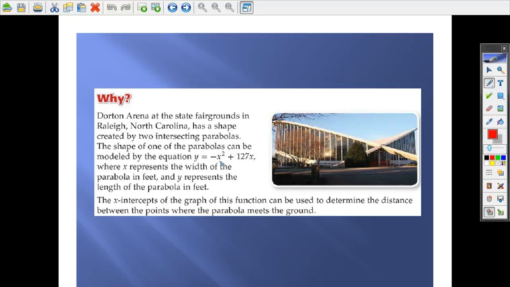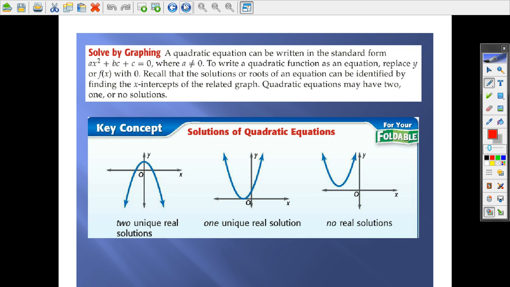The x-intercepts of the graph of this function can be used to determine the distance between points where the parabola meets the ground. So when you have these parabolas in real life scenarios, you can use the equation to solve for x.